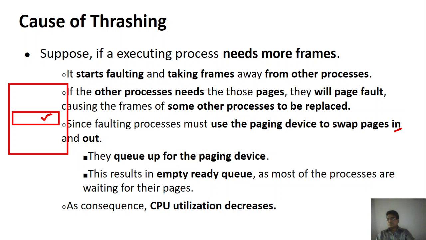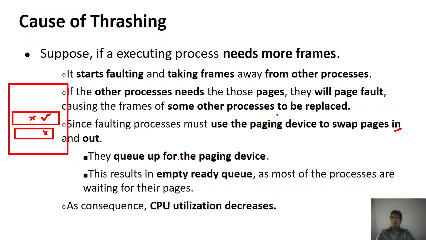I'm interchangeably using the words page and frame; you know the difference, when it is in memory, it is a frame. So when a frame has been removed from another process, that process may come and say I want my page, and then somebody else's frames are targeted. Then another process will come.